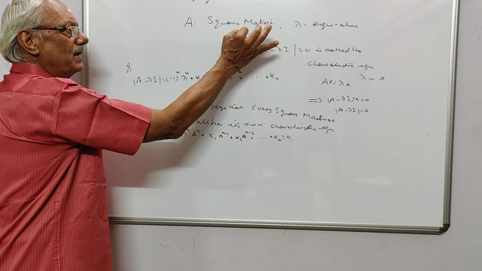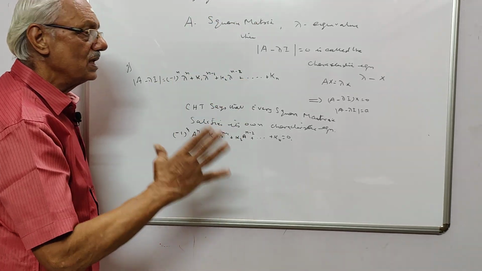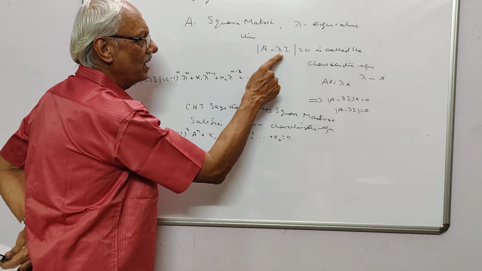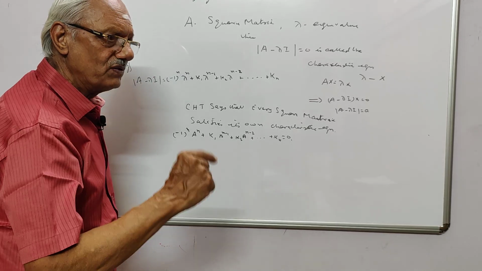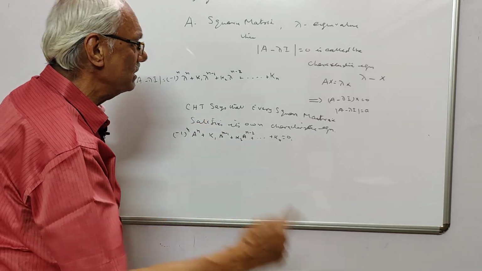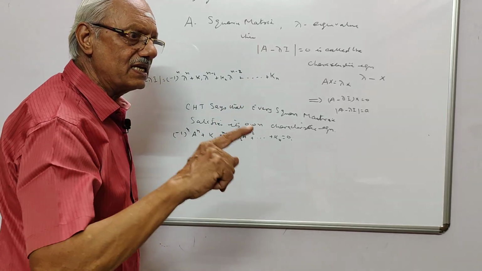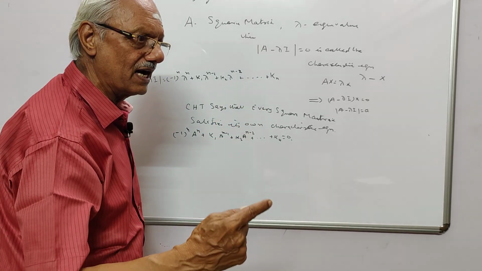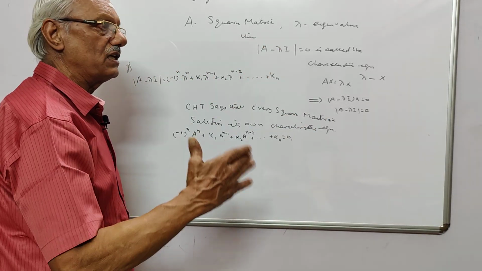So given a square matrix A, if lambda is the eigenvalue, then the determinant of A minus lambda I is called the characteristic equation. If that be the characteristic equation with respect to the square matrix A, then Cayley Hamilton's theorem states that it satisfies its own characteristic equation.